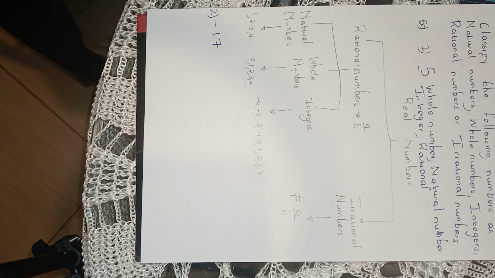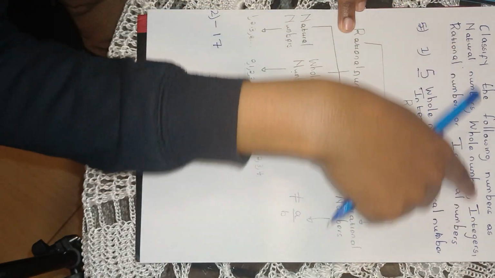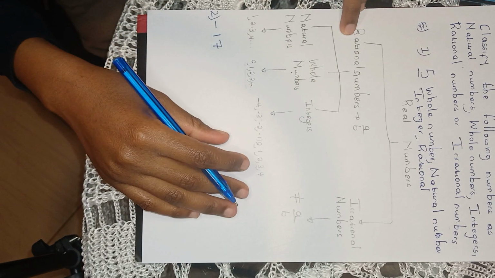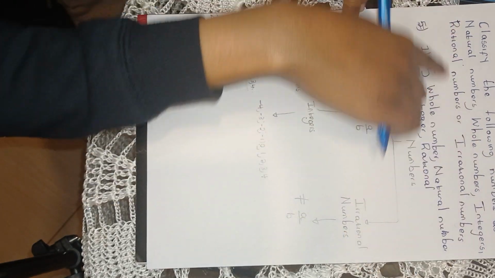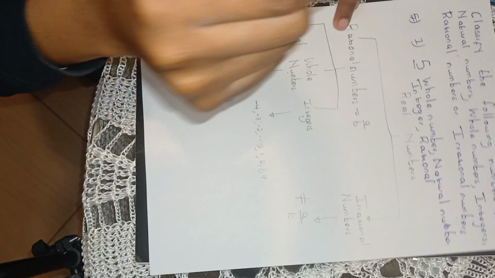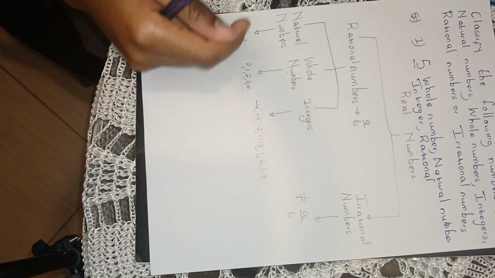But the second question that you should ask yourself is, what do you know about these things in a collective? The collective word for these things is the number system.